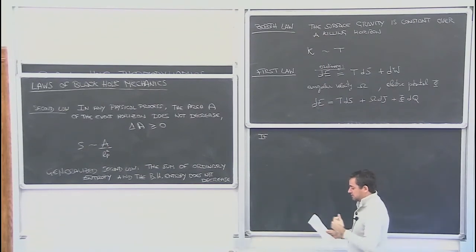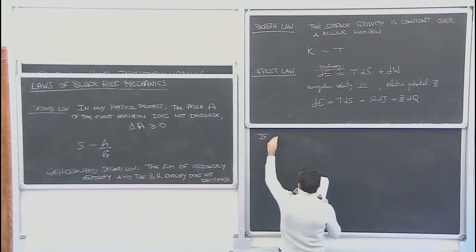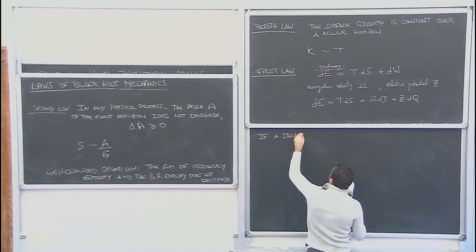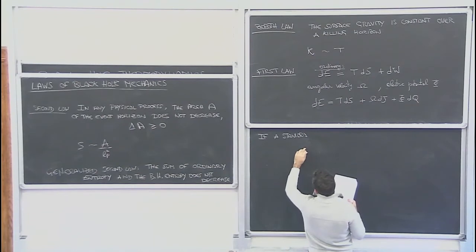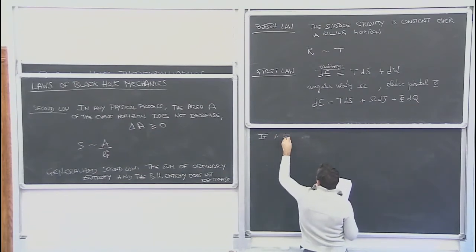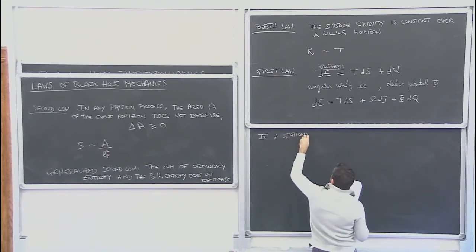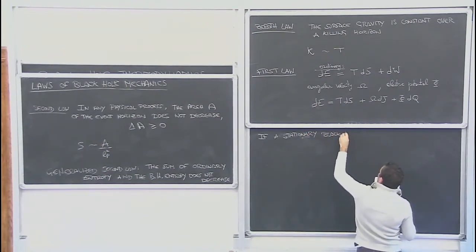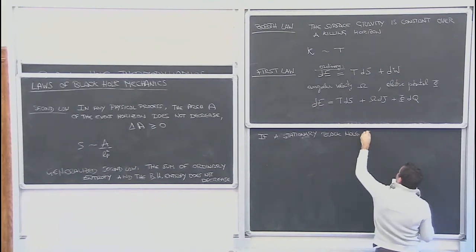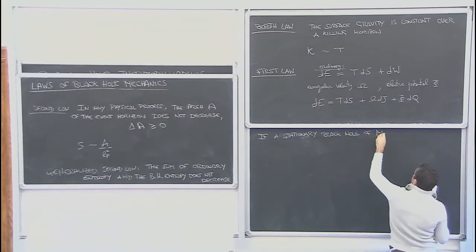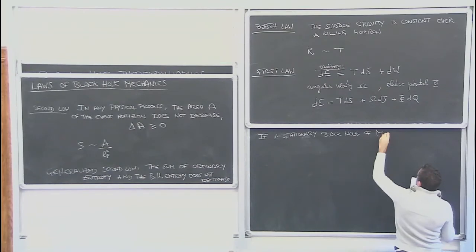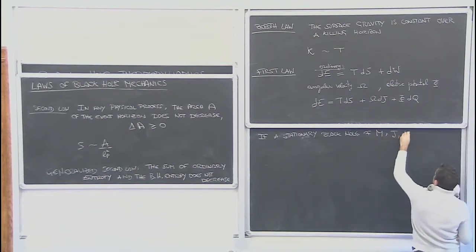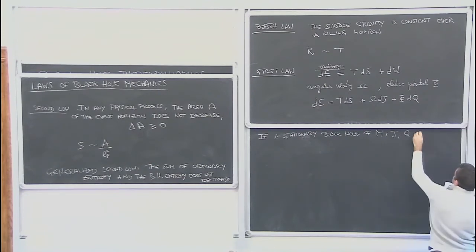So I'll write it down. If we have a stationary black hole of mass M, angular momentum J, and charge Q that is perturbed.